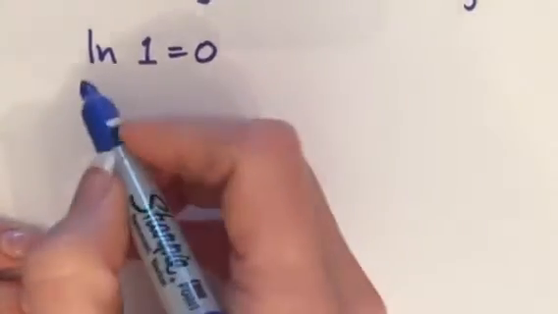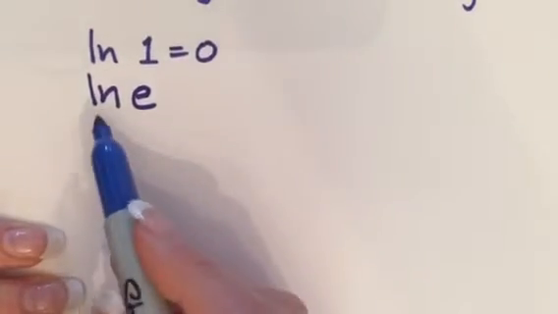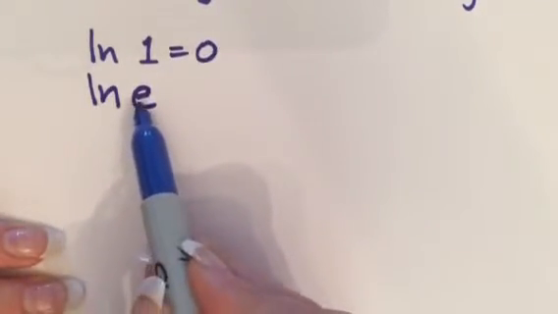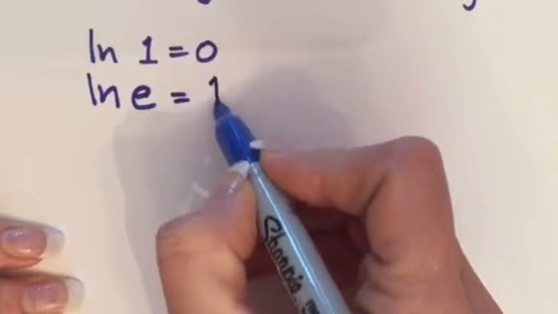This could be thought of as log base e of 1, but that base does not really matter here. How about the ln of e? This is really saying, what is the log base e of e? And remember, when those bases are the same, that is equal to 1.